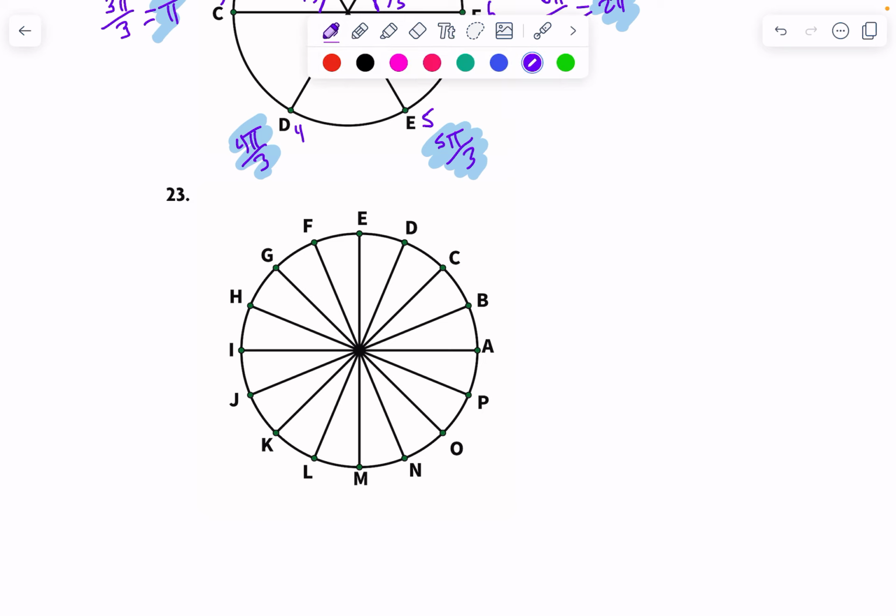23. Let's see what is going on here. So how many cuts do we have? We'll call this A. So this is funny. This is interesting. We'll do 1, 2, 3, 4, 5, 6, 7, 8, 9, 10, 11, 12, 13, 14, 15, 16.